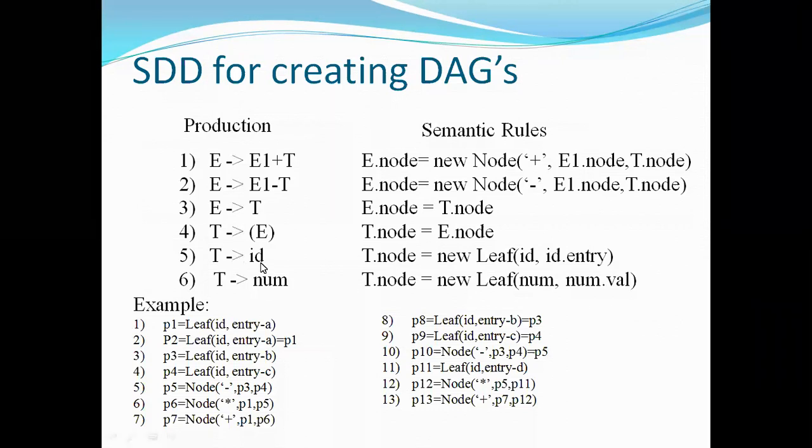ID is an identifier, so it is a leaf: make leaf, or new leaf of ID comma ID dot entry. T tends to num. Again, num is a leaf node, so num comma num dot val, because in num we are substituting values. These are the semantic rules corresponding to each and every production from the given grammar.